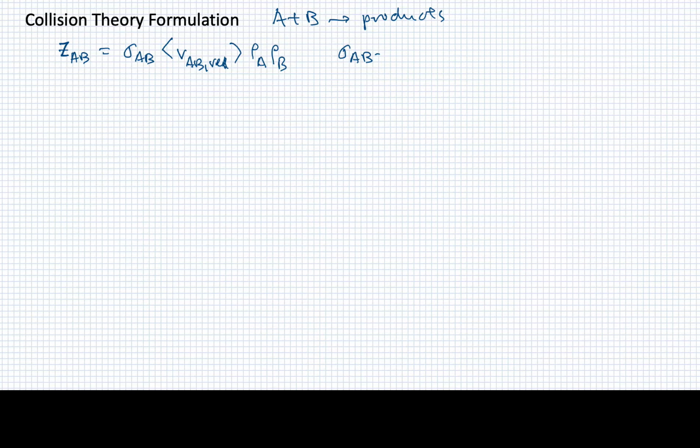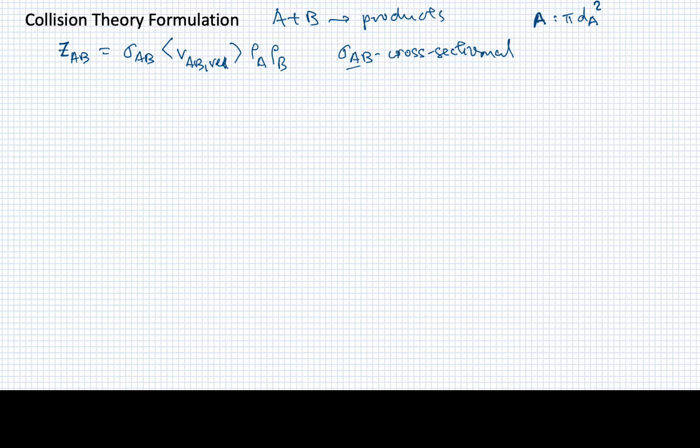Okay, as I mentioned, this sigma AB is a cross-sectional area. And if you'll recall, when we were talking about the collision frequency, mean free path, and time between collisions, we would model these particles, for example, as spheres. For A, I might have a cross-sectional area that would be pi times the diameter of A squared. So it's like the area of the circle that would be cutting through that sphere.